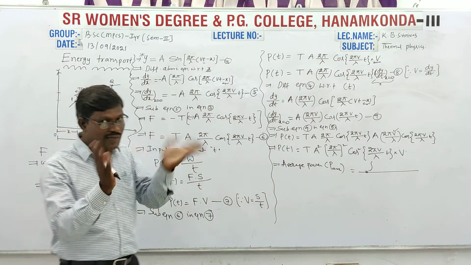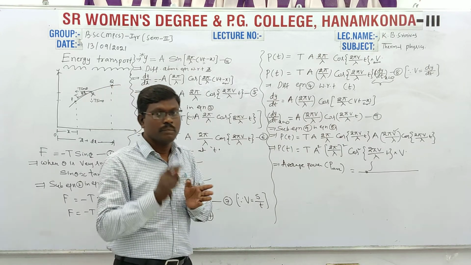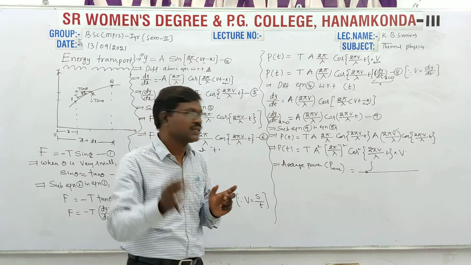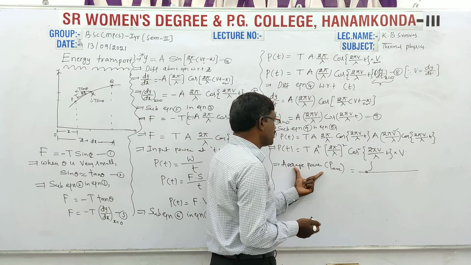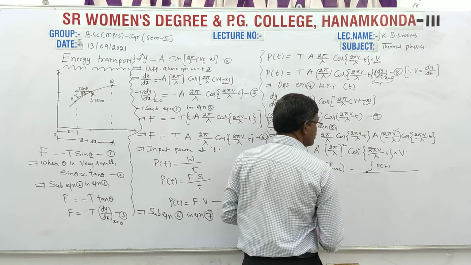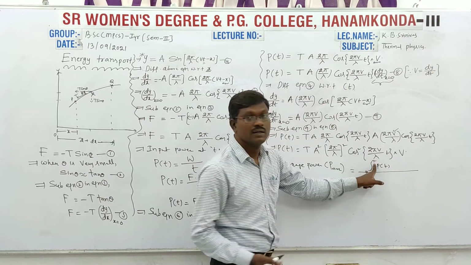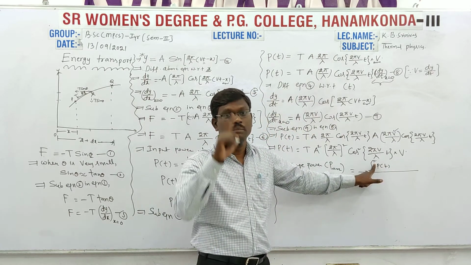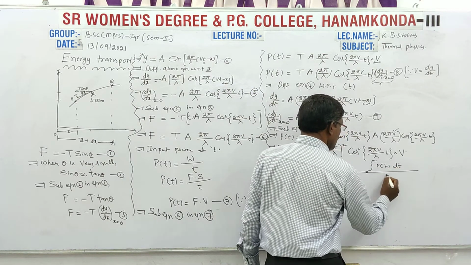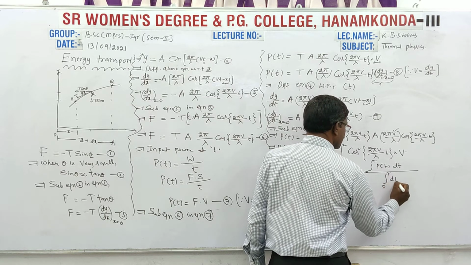Tension. To avoid confusion, here I am representing periodic time or time period by tau, not capital T. So to calculate average power, we have to integrate this input power over a periodic time. What is tau here? Periodic time, one time period, into dt whole divided by integration 0 to tau dt.